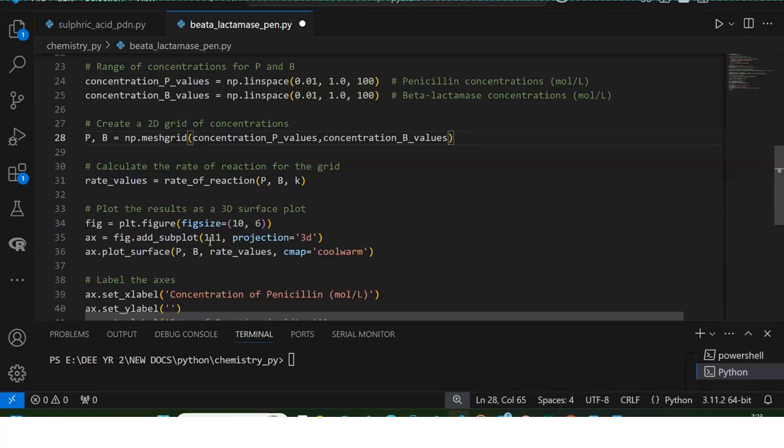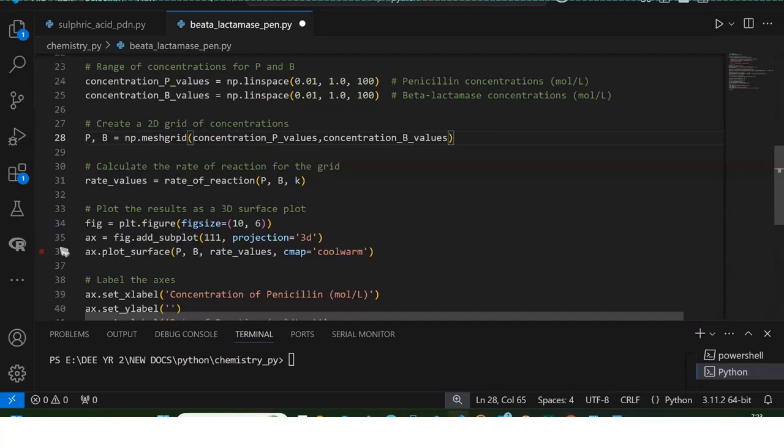Then this command is telling us that the first one means the number of rows in the subplot grid. Then the next one, the number of columns in the subplot grid. And then the last one indicates that this is the first subplot in the grid.